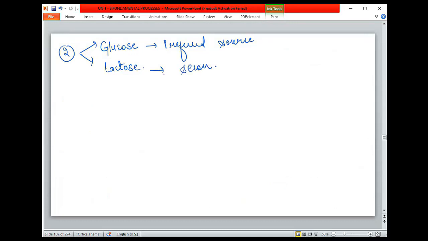That is, if glucose is not present, in that scenario lactose would be used, otherwise it will not be used. Okay, simple. Now, I'll give you a few scenarios and you have to think about it yourself: in which scenario will the lactose operon be open and in which scenario will it be closed.